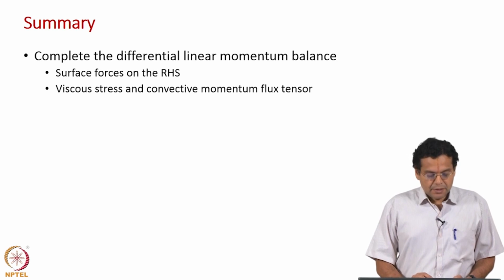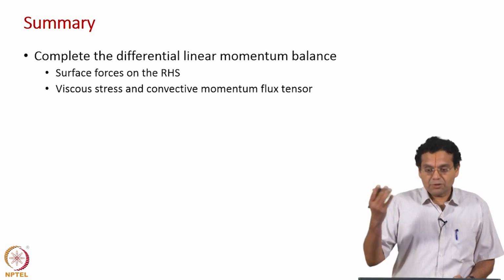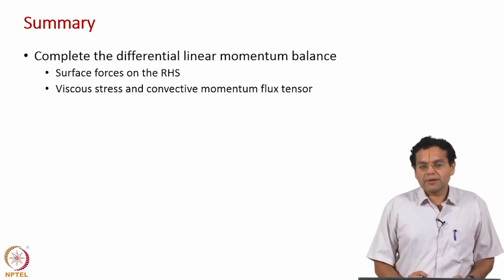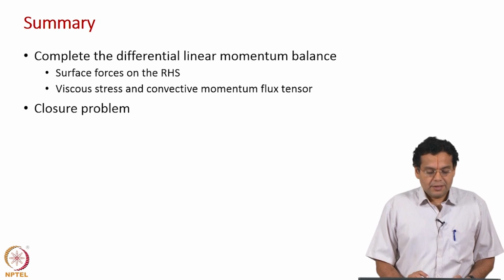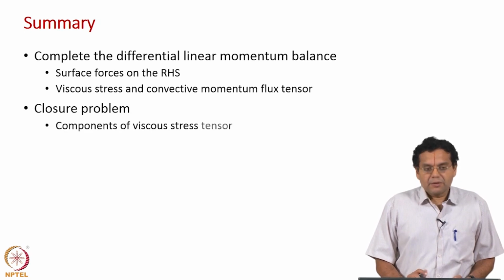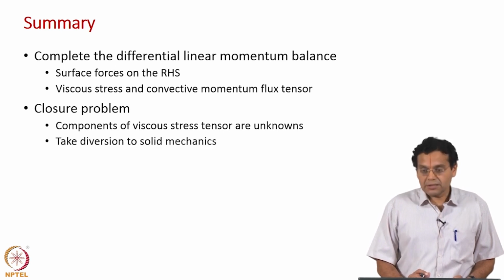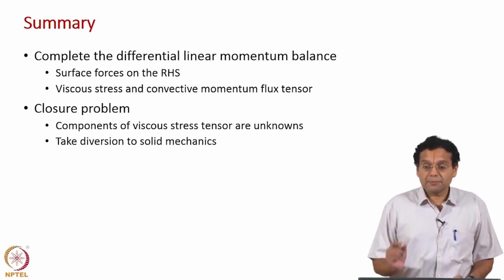The viscous stress tensor is kind of known to us because it is analogous to tau for solids. The convective momentum flux tensor is new to us. We also discussed the closure problem, which means that the components of the viscous stress tensor are unknowns. They need to be expressed in terms of velocity, or more precisely velocity gradients, and to understand displacement gradients we take a diversion to solid mechanics.